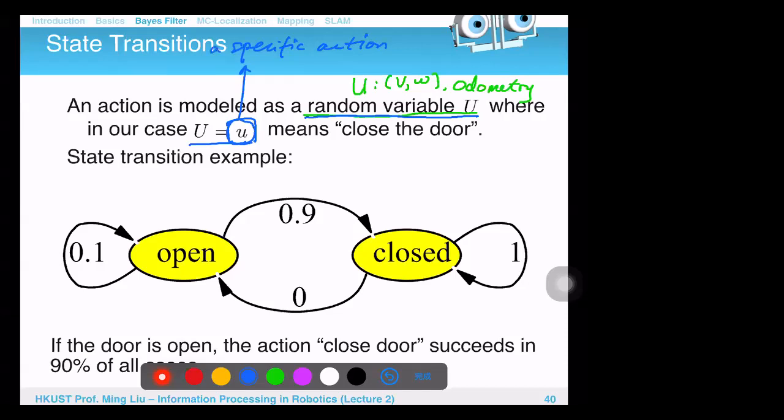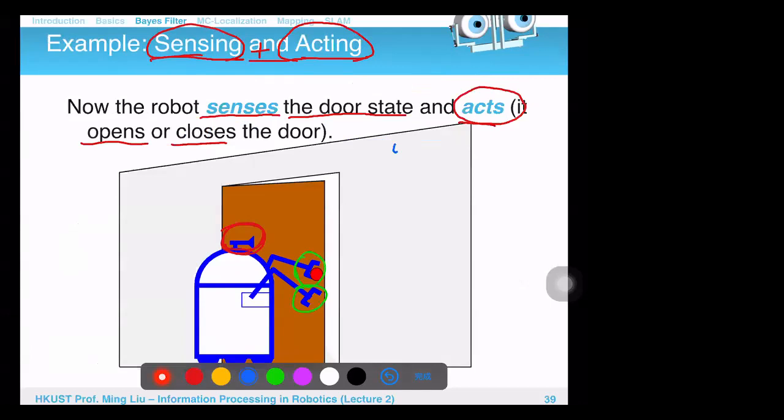We take this u, and this action means I want to close the door. The overall random variable is a capital U, probably a set of actions you can take. We choose one specific action, called u, which means to close the door.